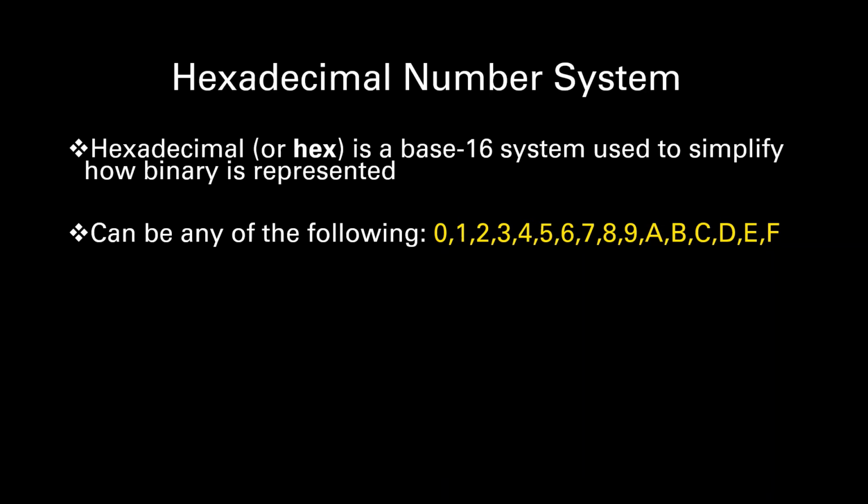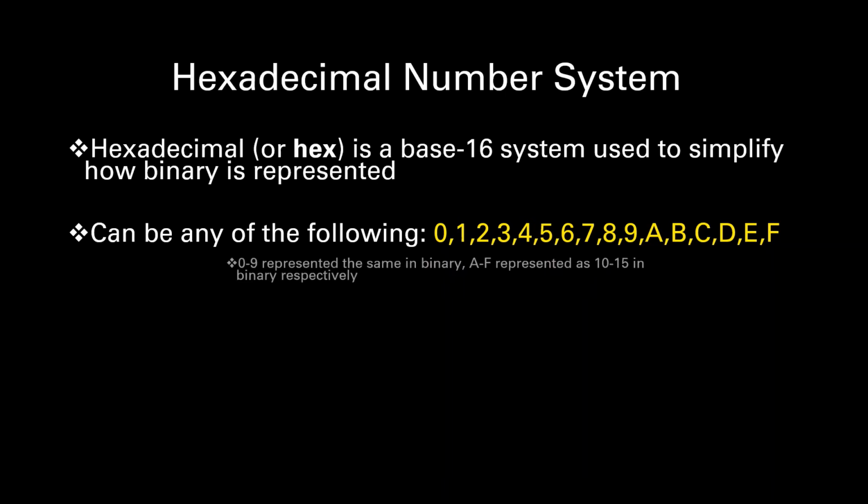And in the hexadecimal system, we have the following characters: 0 to 9, so 0, 1, 2, 3, 4, 5, 6, 7, 8, 9, and A to F, so A, B, C, D, E, and F. Now stay with me for just a few more seconds. We're going to go through an example, and that will help explain how these A to F work. Why do we have characters all of a sudden? But just stay with me for now.